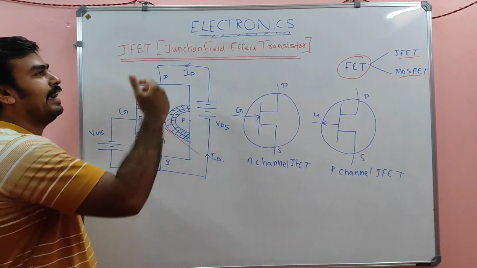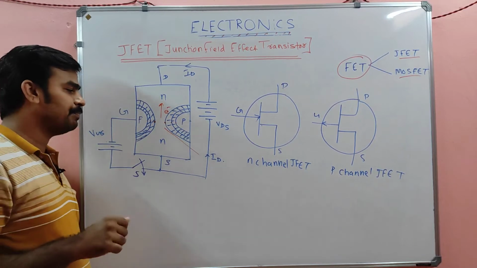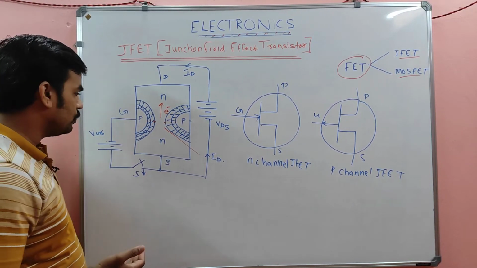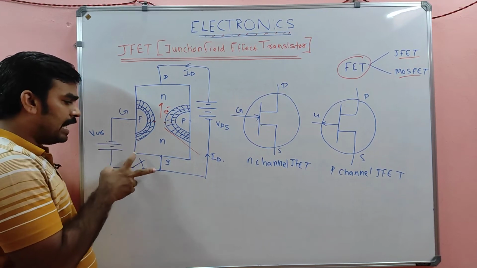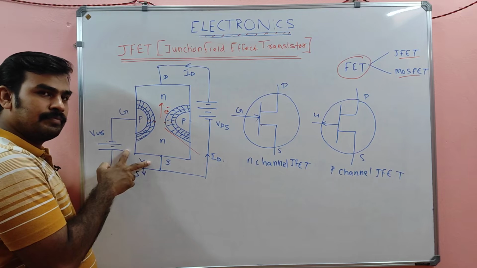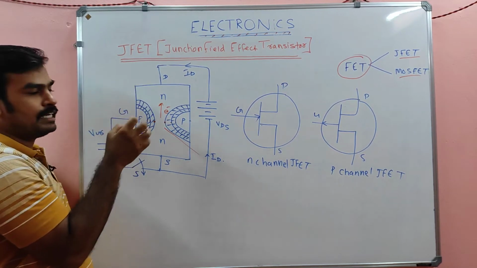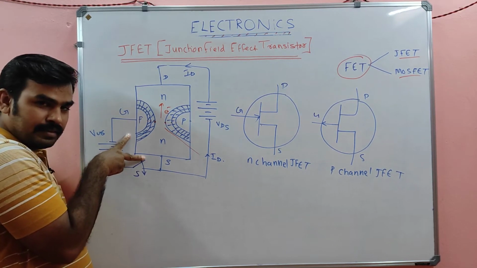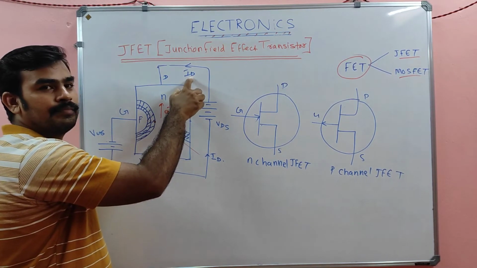So come to the point, junction field effect transistor. Why the name? I already told you, it's a surprise. The voltage across the gate and source junction will affect the drain current.